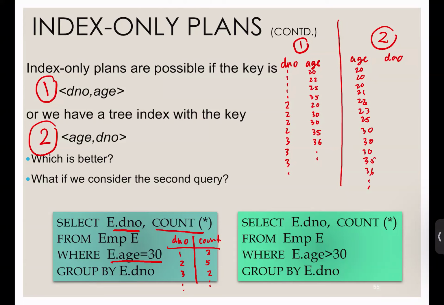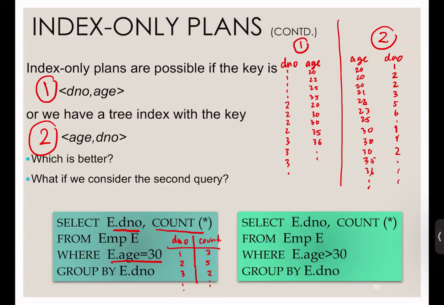And then DNO, if we have the same age, we sort by DNO. So let's say DNO 1, DNO 2, DNO 2, 3, 5, 6, whatever. Let's say here you have 1, 1, 2, whatever.